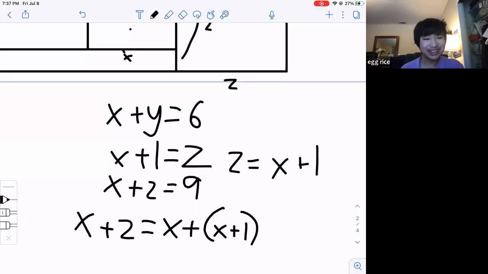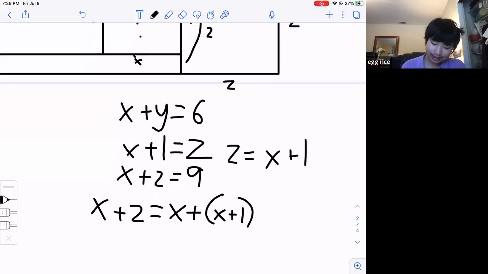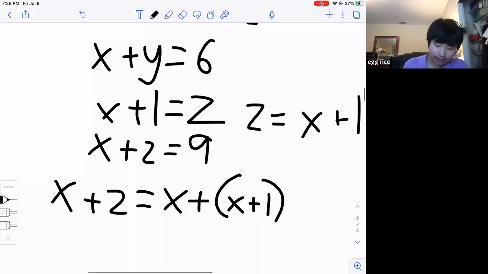Okay, so Neo has already, as an overachiever, gone well and beyond. But I just want to make sure this makes sense to everybody, that x plus z equals x plus 1. Since this makes sense, now we can use it.